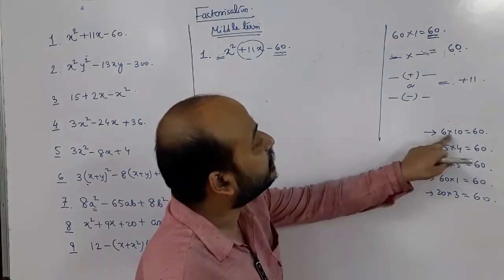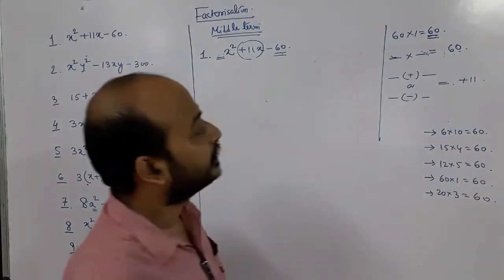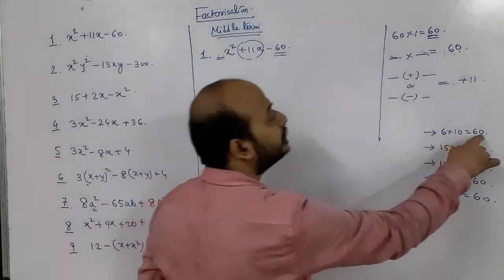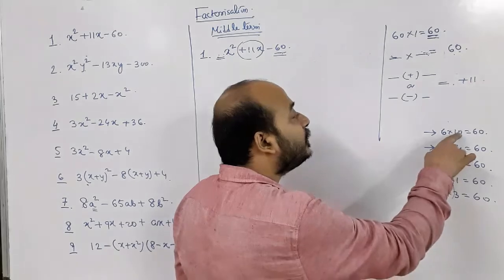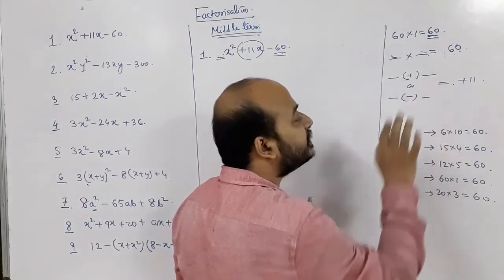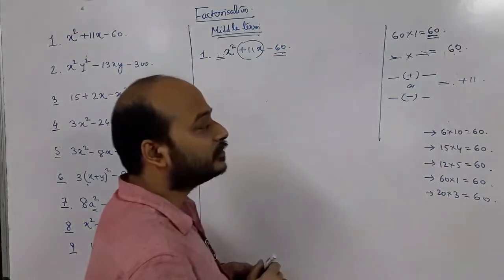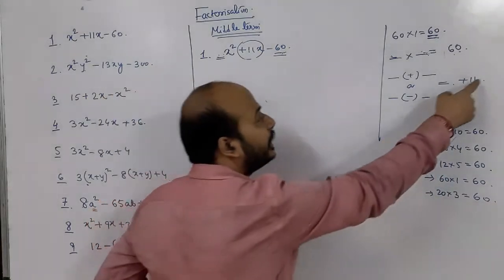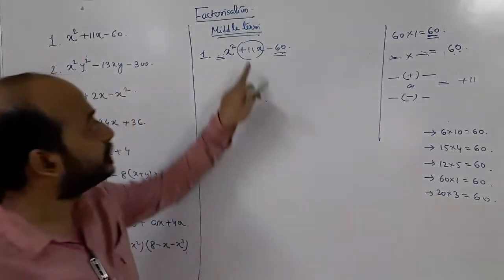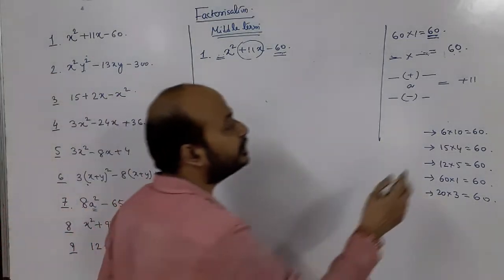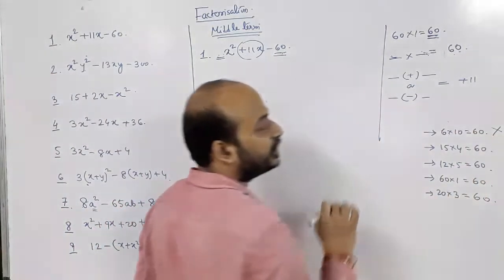But if you see 6 into 10, 60. Now 10 plus 6 you get 16, and 10 minus 6 you get 4. But what do I require? I require 11. I told you just now we require 11. So that means I will not take this combination.